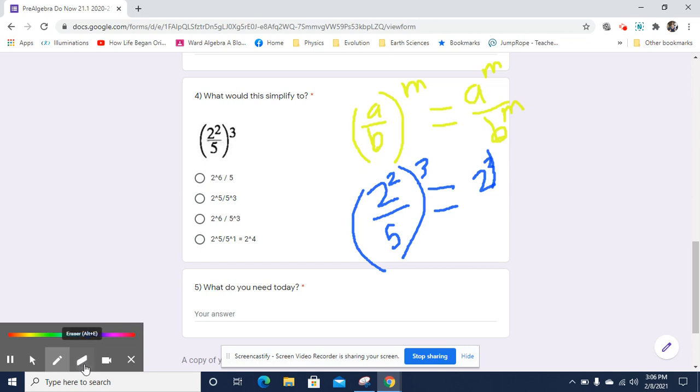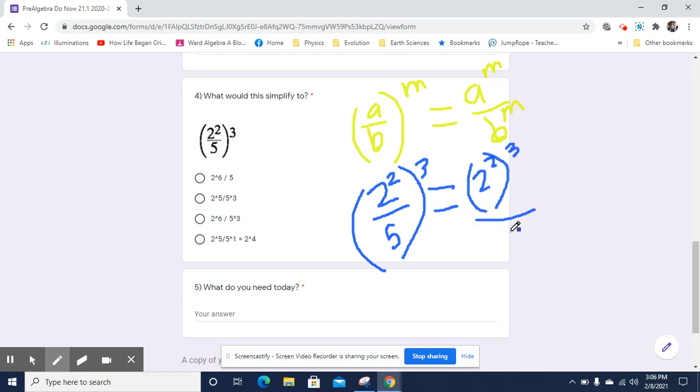Let me undo that last bit. That was terrible writing. 2 to the 2nd to the 3rd all over 5 to the third, because the denominator gets the cubic treatment as well.